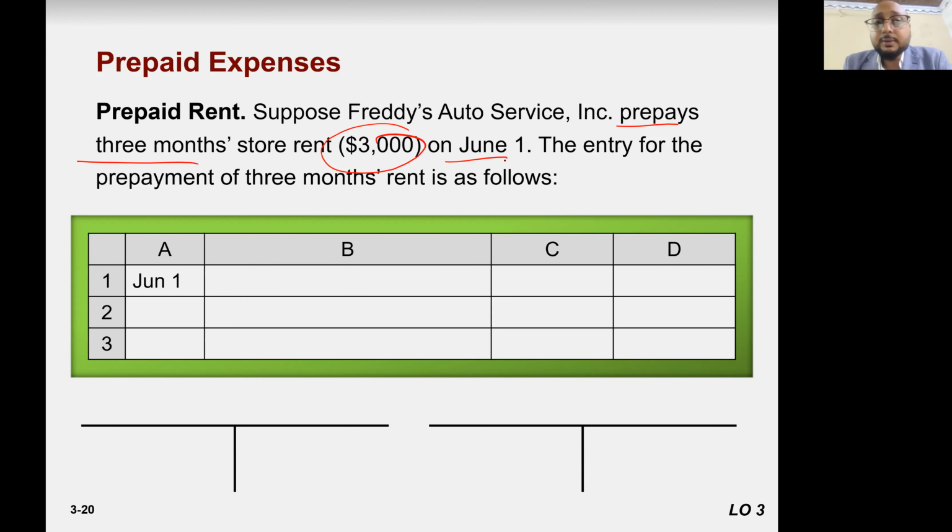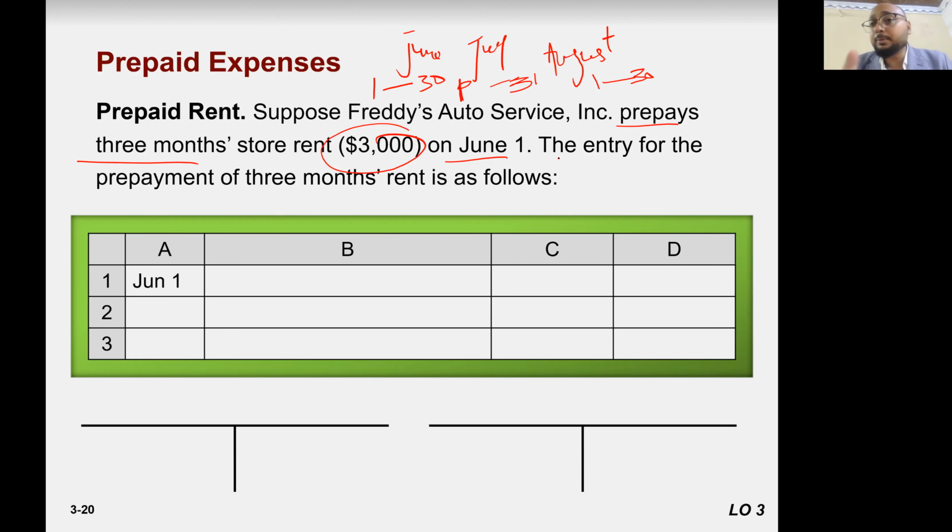On June 1st, they have paid for the next 3 months of rent: June, July, August. 1st June to 30th June, 1 month. 1st July to 31st July, and then 1st August to 31st August. Okay, 3 months rent they already paid.